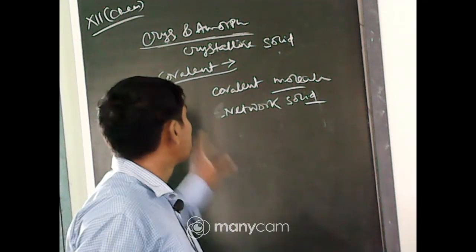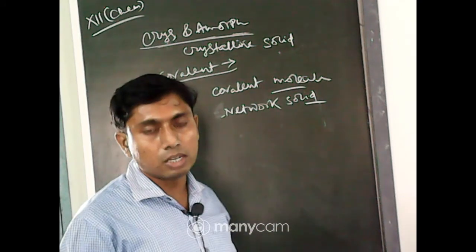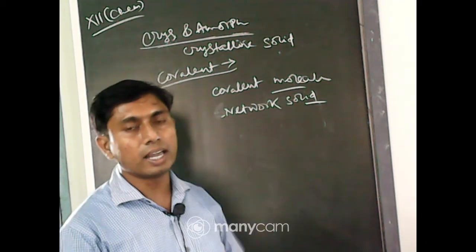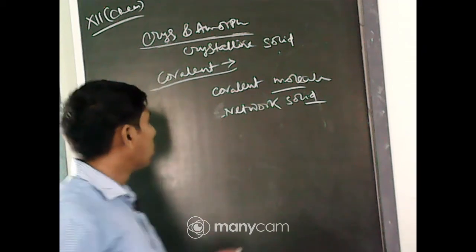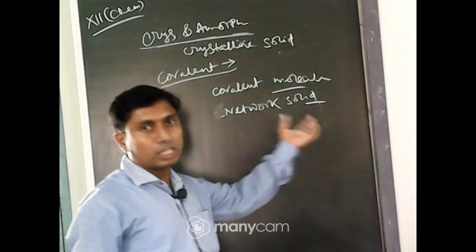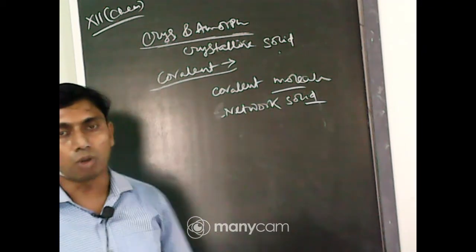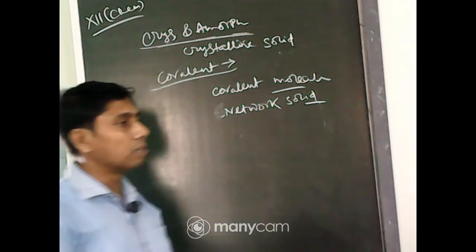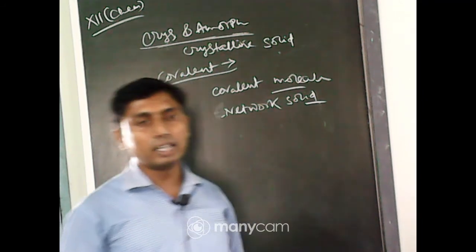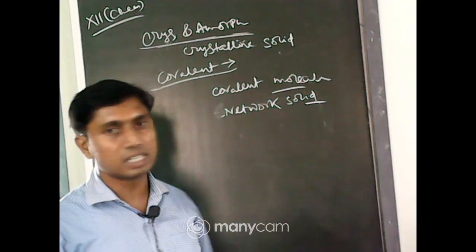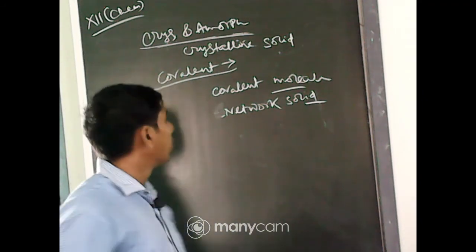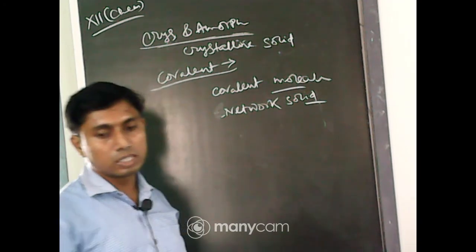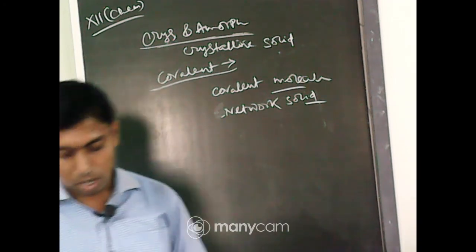So, this is also a part of covalent solids, but as it produces a large chain or network of bonds, it is also called a network solid. When covalent bond formation makes a giant shape, like C60, C70, it is called a network solid. So, it is the alternate name of the covalent solid.